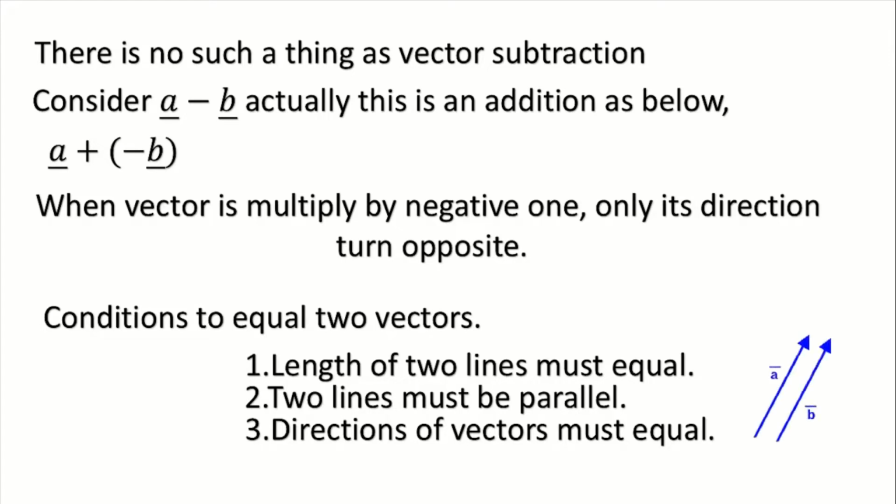As you can see in the figure, I have drawn two lines which have equal length and they are both parallel. And the direction, we know that direction is shown by the arrowhead. The arrowheads are towards the same direction. So the directions of the vectors are equal. Then I can say vector A equals vector B.